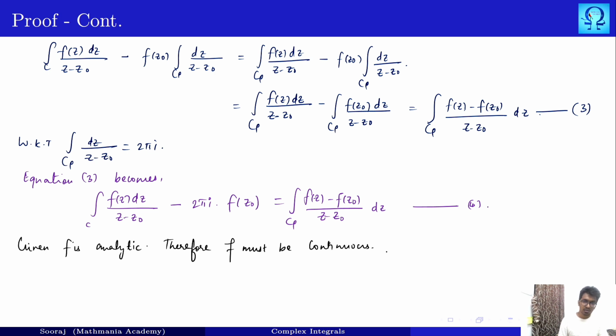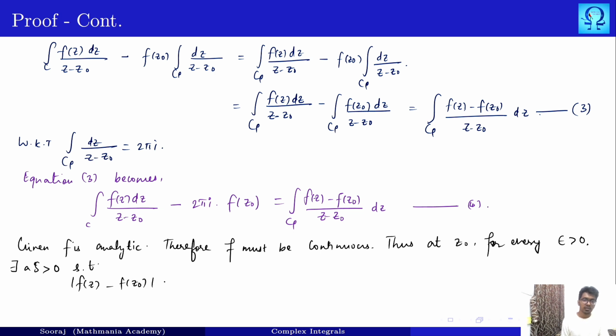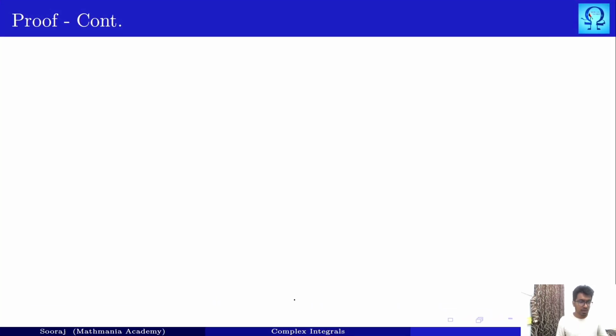Since this is continuous, at z naught, for every epsilon positive, there is a delta positive such that absolute of f of z minus f of z naught is less than epsilon whenever absolute of z minus z naught is less than delta. Okay, so this happens.